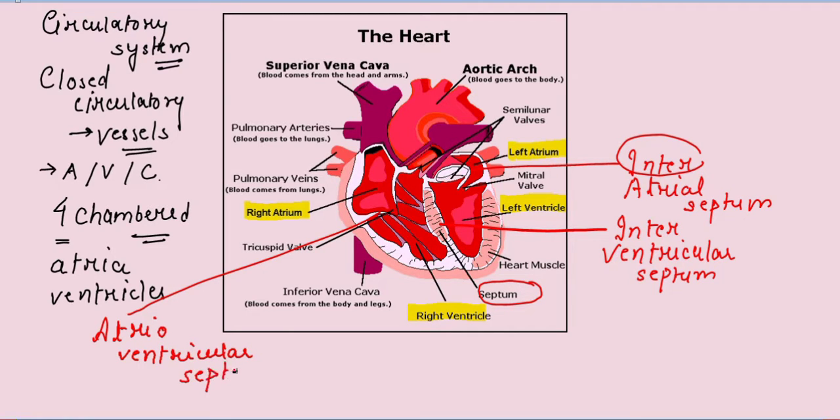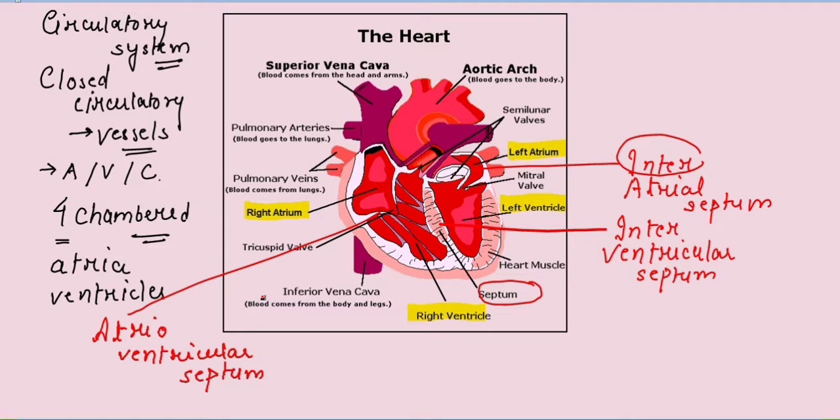Septum is used for the partition, and you can assume it for the muscular wall, right? So here atrium और ventricle के बीच में atrioventricular septum.